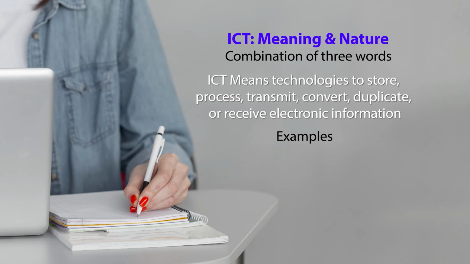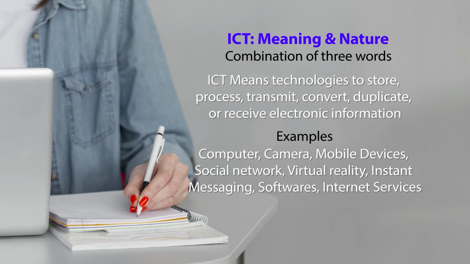So, friends, when we talk about ICTs, we can say there are electronic or digital devices, and you are very well aware that they don't work on their own. Say for example, the computer, camera, mobile devices. Okay.